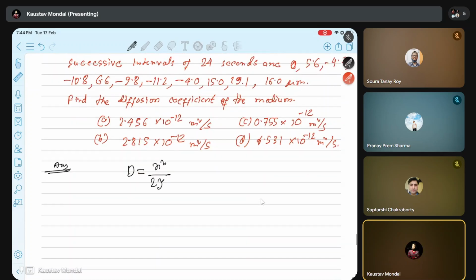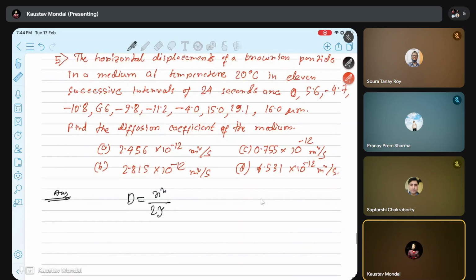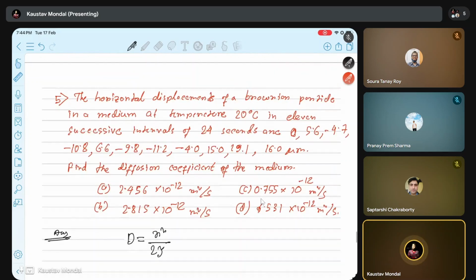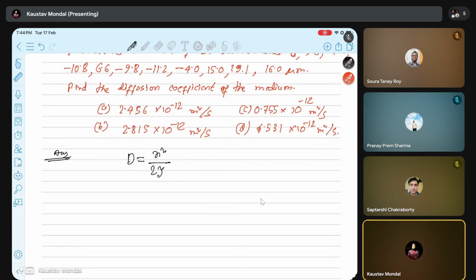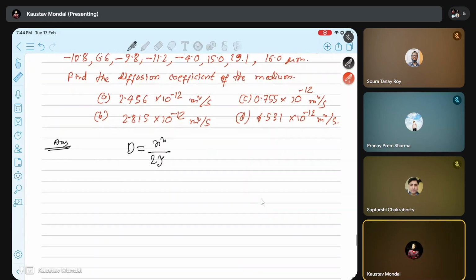Now the value of MSD is not directly provided in the problem. Instead, what is mentioned is how the observation of MSD is happening. As we know, MSD is nothing but the displacement in successive intervals. So in tau interval, the particle moves delta x1, delta x2, delta x3.